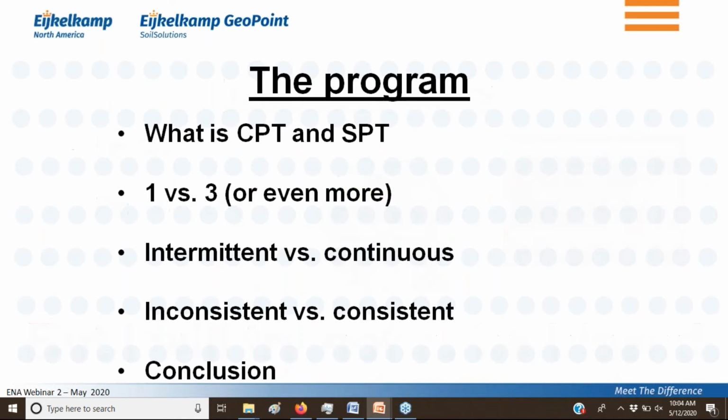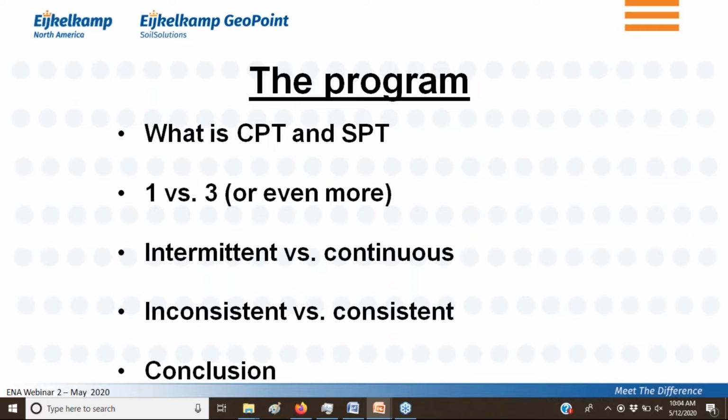What are we going to talk about today? We begin with a short introduction of both CPT and SPT, a little bit of the history, what it's all about, and then I'm going to look at these two test methods from three different angles. And I've titled those 1 versus 3, intermittent versus continuous, inconsistent versus consistent. And once we've talked about these items, you will probably understand more clearly why I picked these ones.